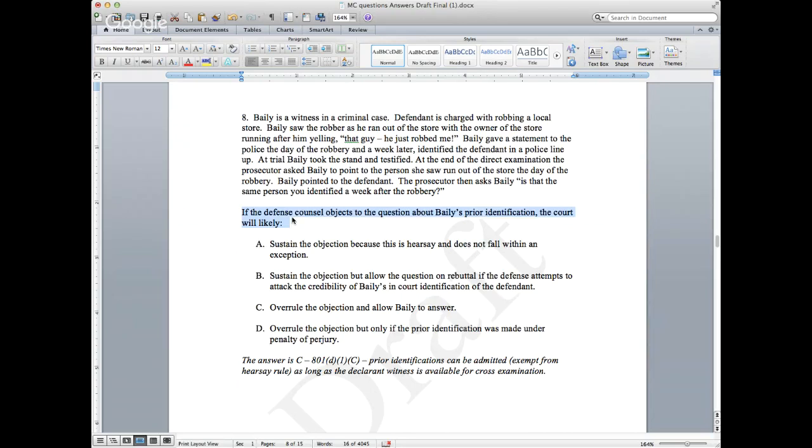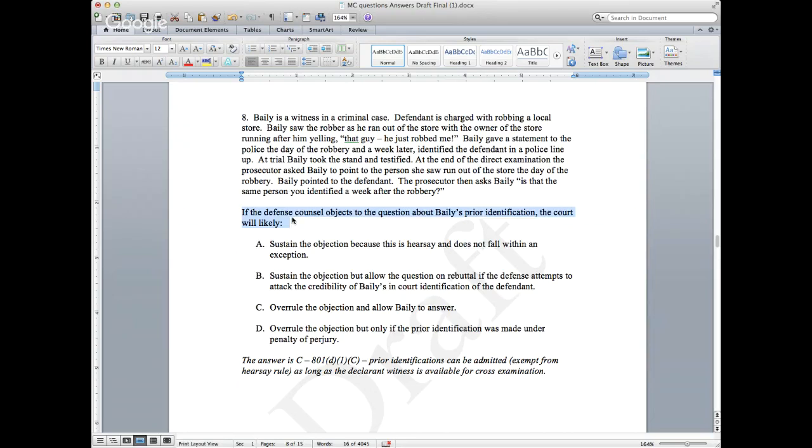So let's look. Bailey, in the criminal case, the defendant was charged with robbing a local store. Bailey saw the robber as he ran out of the store with the owner of the store running after him, yelling, "That guy just robbed me." Bailey gave a statement to the police the day of the robbery, and a week later identified the defendant in a police lineup.